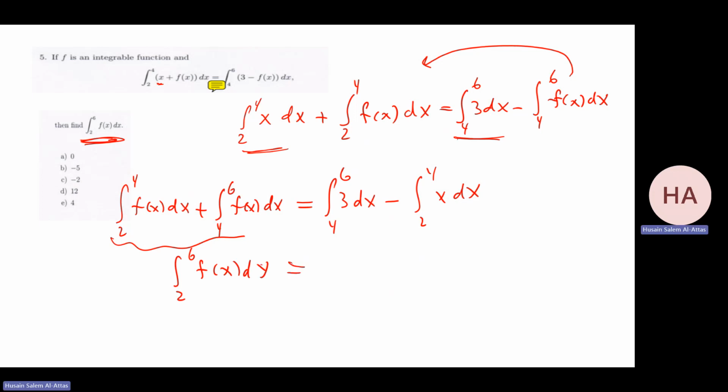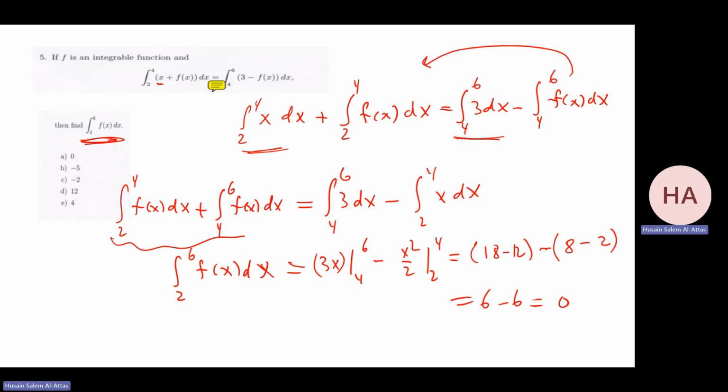And this one, you can do the calculation. That will be 3x from 4 to 6 minus x squared over 2 from 2 to 4. That will give me 18 minus 12, minus 4 squared, 16 over 2, which is 8, minus 2. So it will be 6 minus 6, which is 0. So this is my answer.